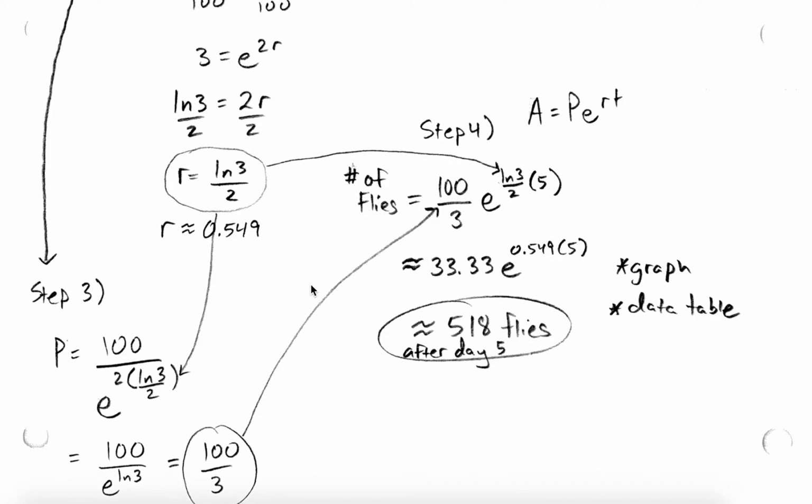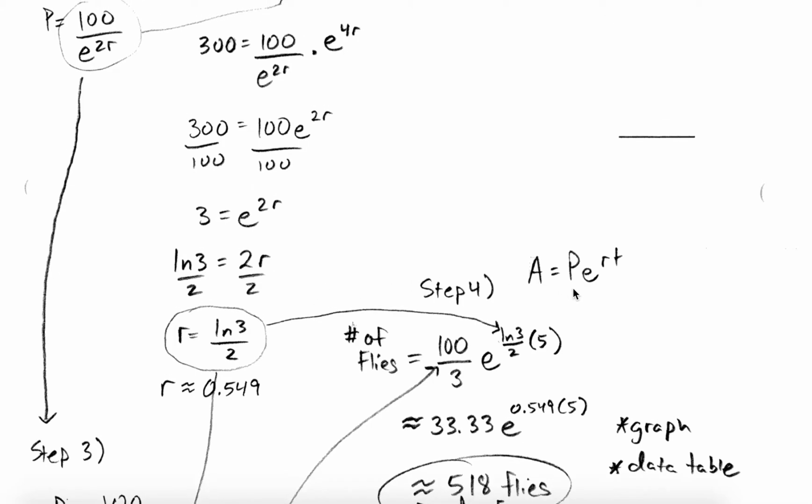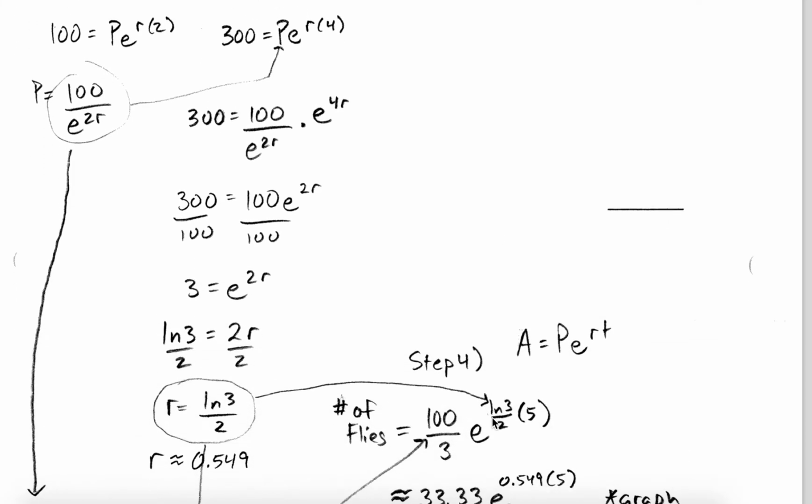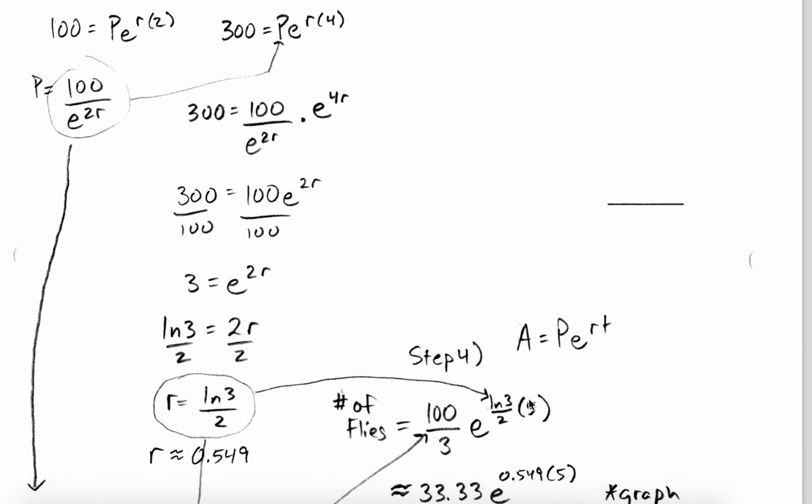So now I have all the values I need to plug into my equation representing continuous growth. So I'm going to plug my 100 thirds into the p spot. I'm going to plug the natural log of 3 divided by 2 into the r spot. And we're going to solve for the number of flies after 5 days. So I'm going to substitute 5 into the t spot.